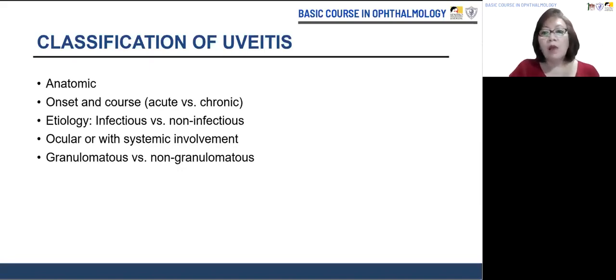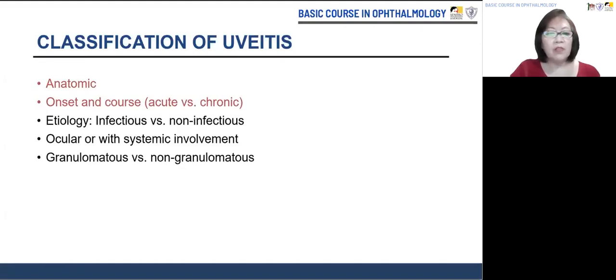Uveitis can also be classified based on their clinical pathologic presentation, that is granulomatous versus non-granulomatous uveitis. All of these aid in the formulation of a reasonable differential diagnosis which determines both the diagnostic and therapeutic approach for patients.